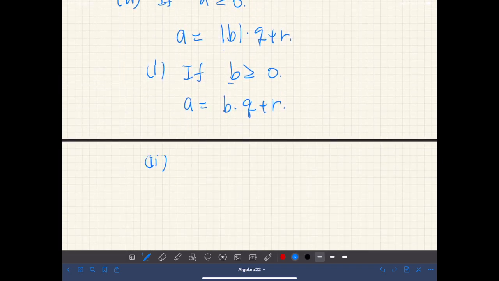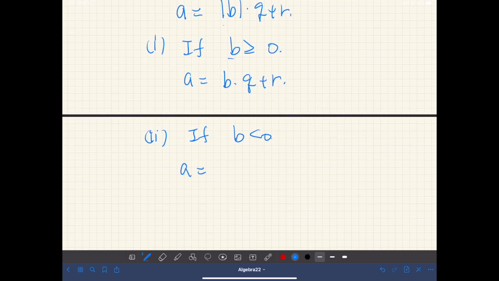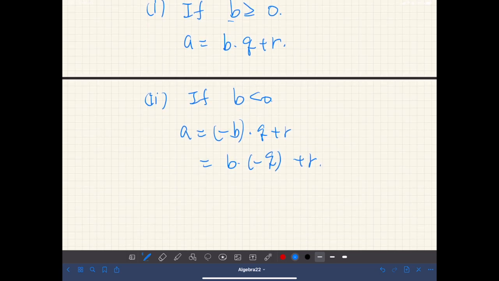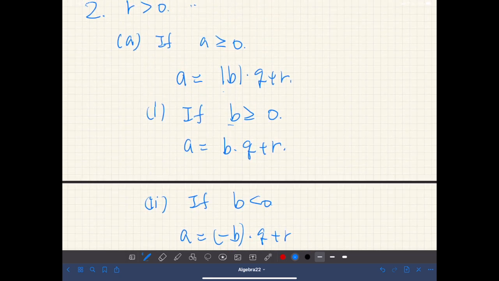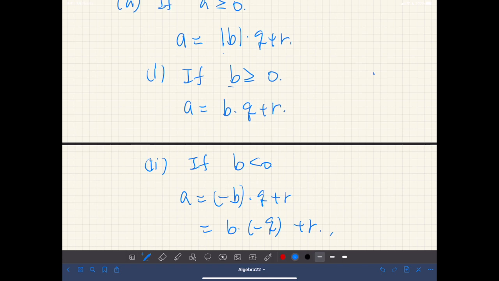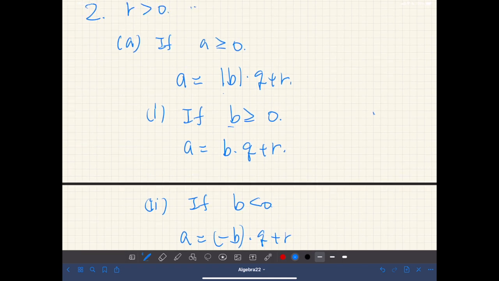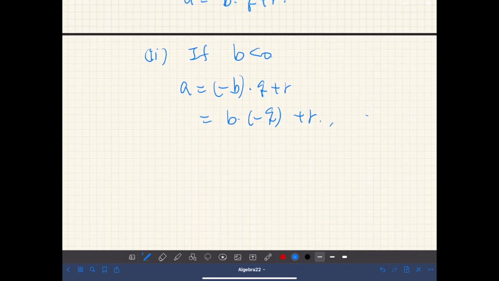And second case, if b is negative, then we have a is equal to negative b times q plus r, which is b times negative q plus r. So the claim is true. And next, we covered all the possibilities when a is non-negative.